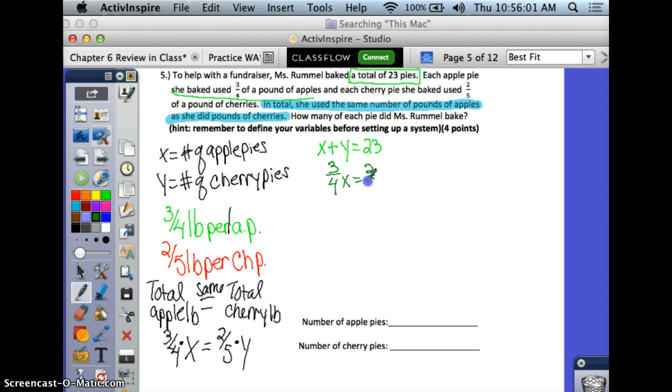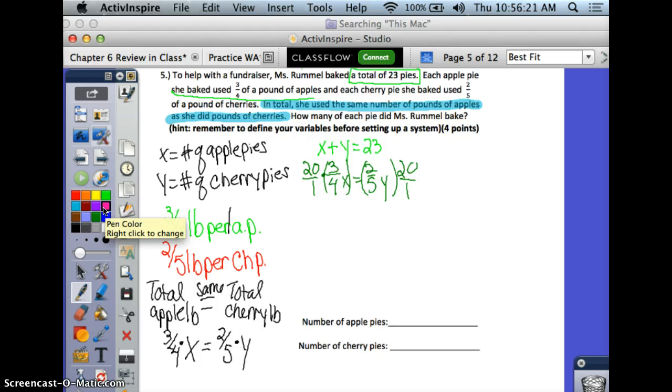So we have our second equation here, which is 3/4 x equals 2/5 y. Now, personally, I don't like the fact that they have these fractions. So I want to clear my fractions by multiplying by the least common denominator. I'm going to multiply the left-hand side by 20 and the right-hand side by 20, which is really 20/1.